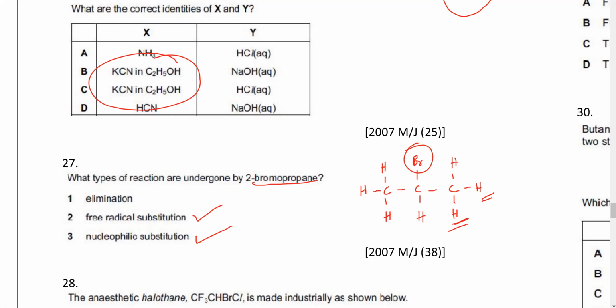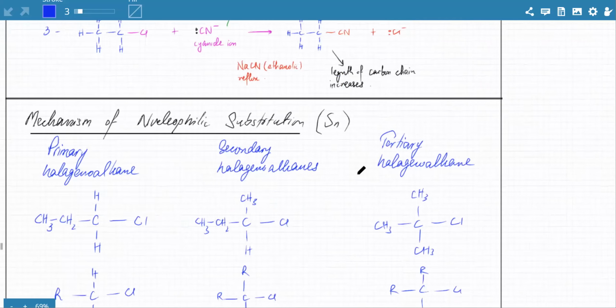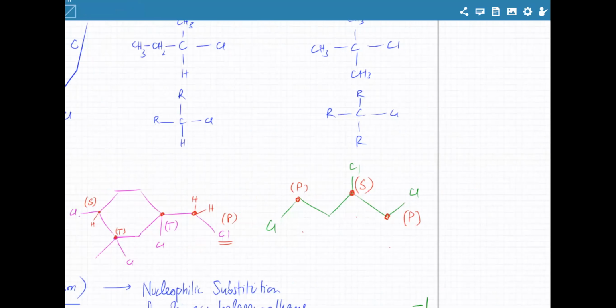Then you have elimination. ये elimination हमने last reaction पढ़ा था. This was also for halogenoalkanes.